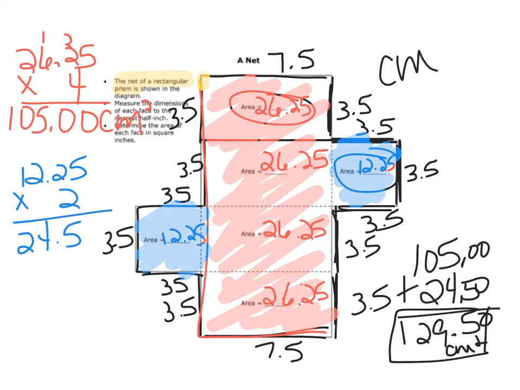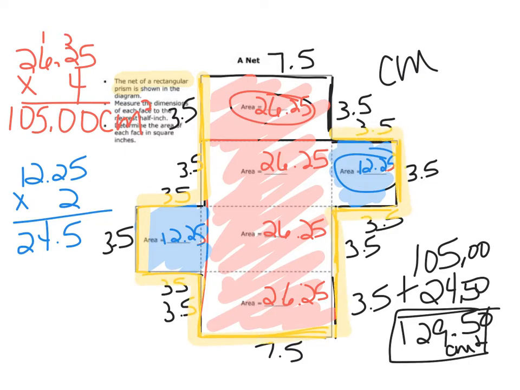So you're going to cut all around it and create a rectangular prism. Okay, so guys, all these rectangles and the two squares become a rectangular prism. And remember, rectangular prisms are 3D shapes. So if I were to draw it as a 3D shape, then this is what it would look like.